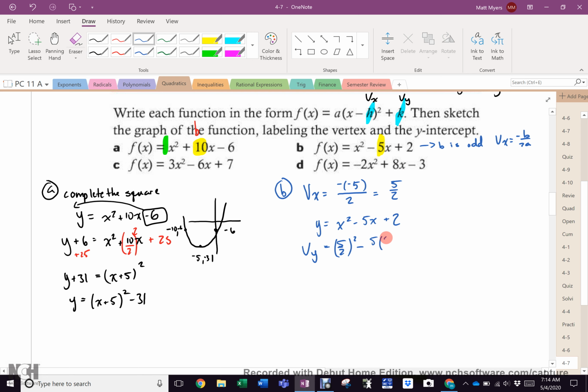Minus 5 times 5 over 2 plus 2, which gets me 25 over 4 minus 25 over 2 plus 2, which is 25 over 4 minus 50 over 4 plus 2, if it's going to be over 4, is 8 over 4, which is negative 25 plus 8, negative 17 over 4.